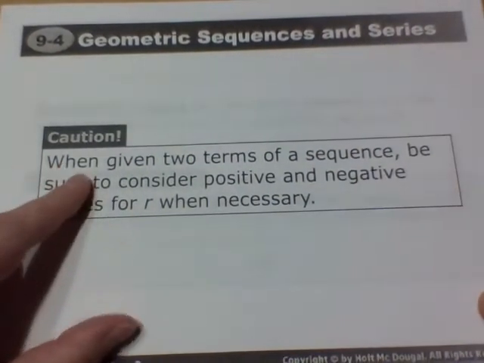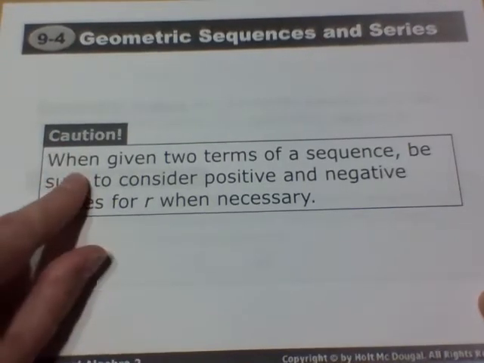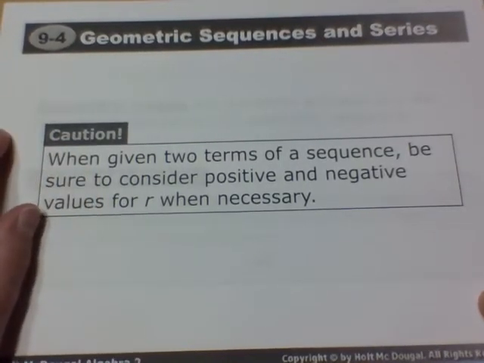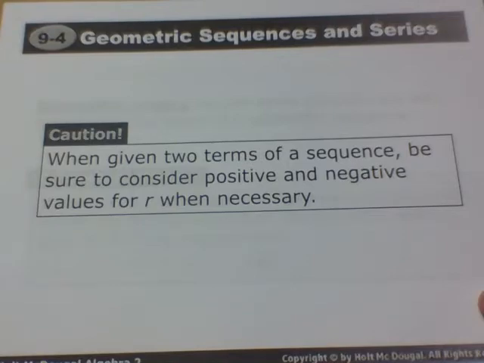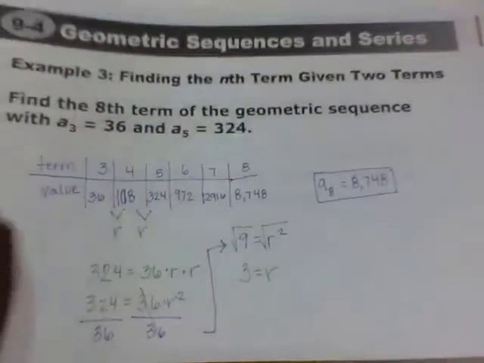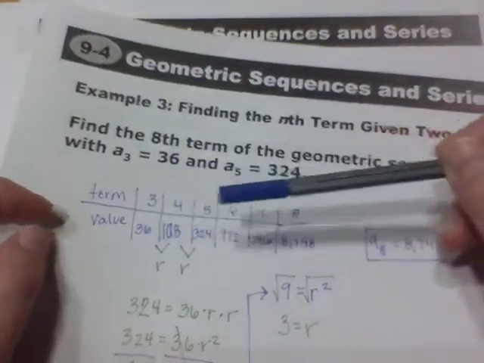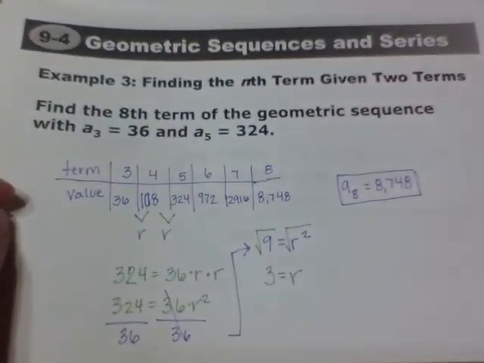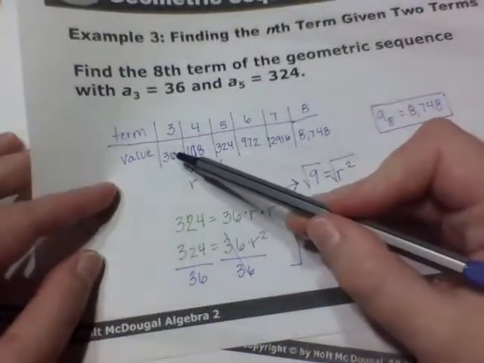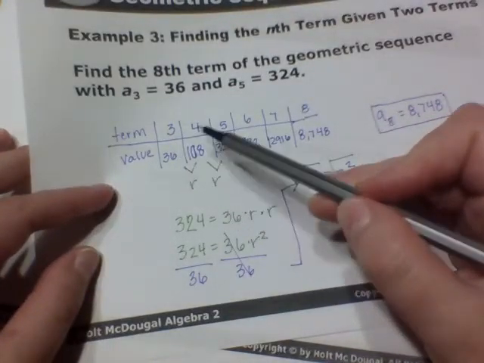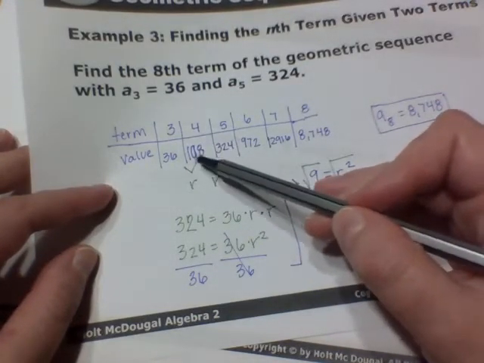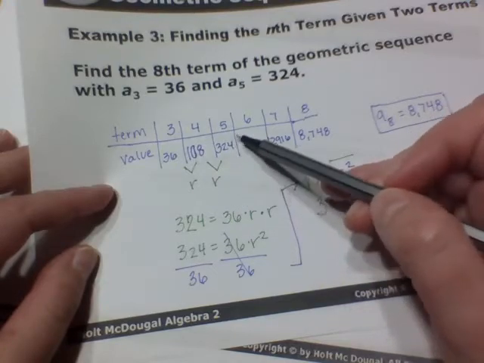So the next thing that we want to be cautious about is when you're given two terms of a sequence, be sure to consider if they might be positive or negative values for r. Notice that we had a positive and a positive, and so technically I could have multiplied by a -3 and gotten negative 108, and then multiplied by a -3 and gotten positive.